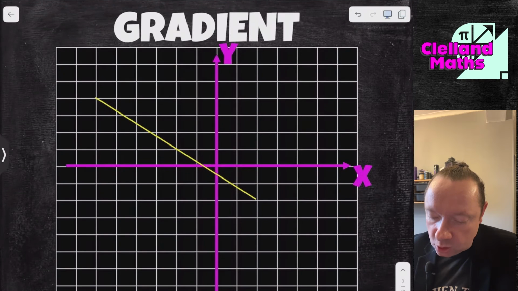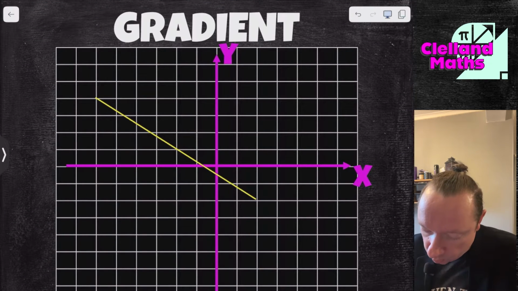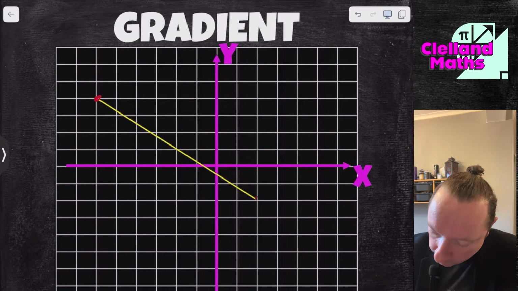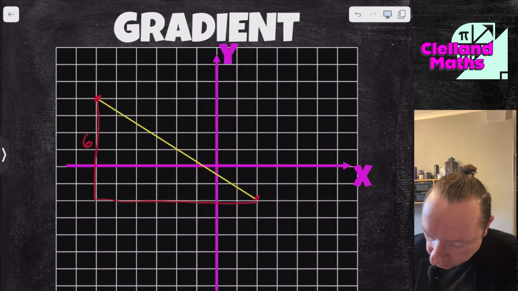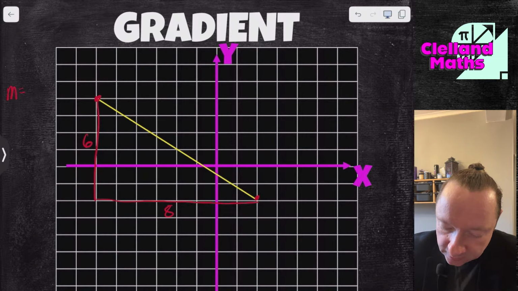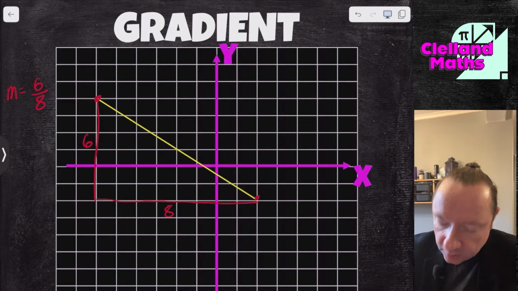But what about ones that slope down the way? This one slopes down the way, but we still make a triangle. Joining that up, we've got 1, 2, 3, 4, 5, 6 down, and 1, 2, 3, 4, 5, 6, 7, 8 along. You might be tempted to say the gradient is 6/8, but you'd be wrong.